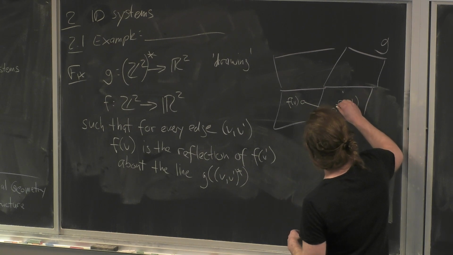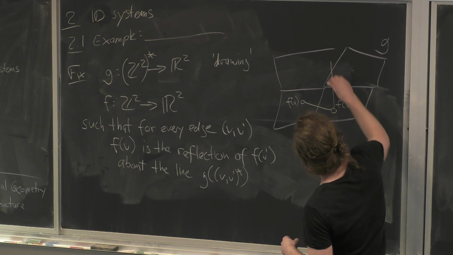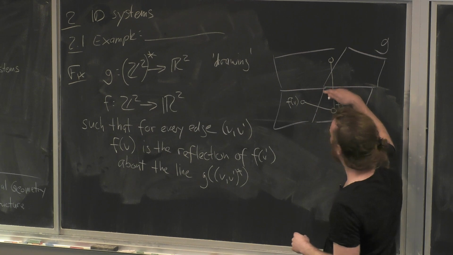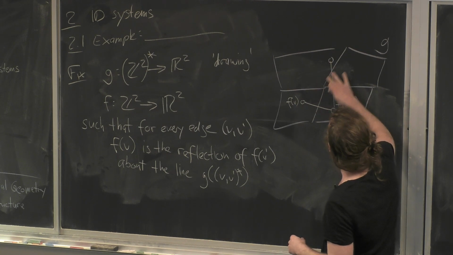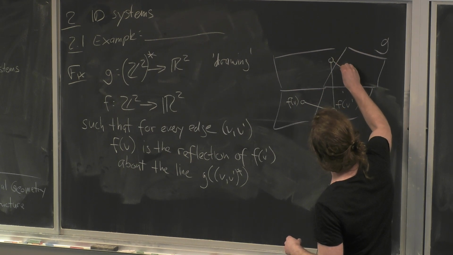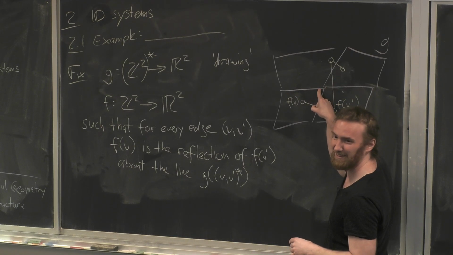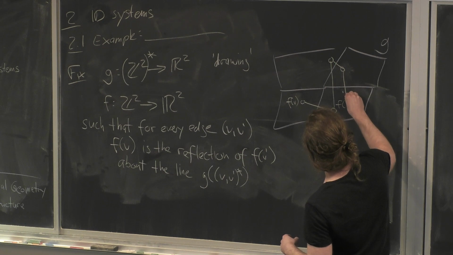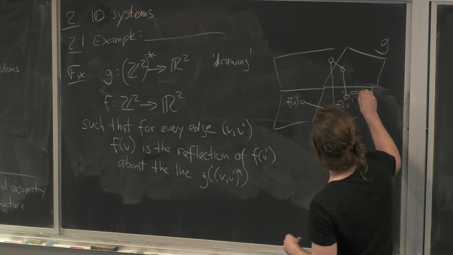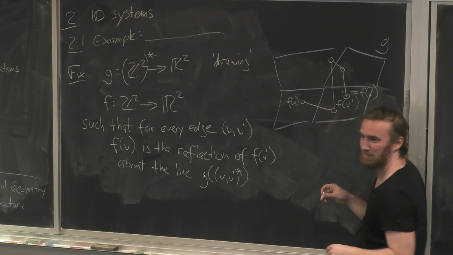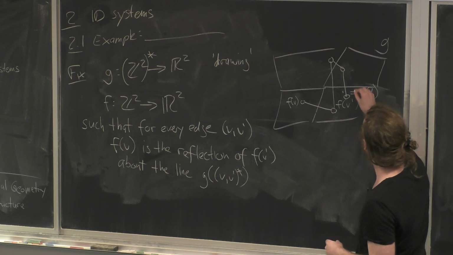I have to go on, right? So this would be the next line, so I reflect about this. Then there's an edge here, I reflect about this. And now, to get back, I need to reflect about this, and that's supposed to be f(v), but it really is not.